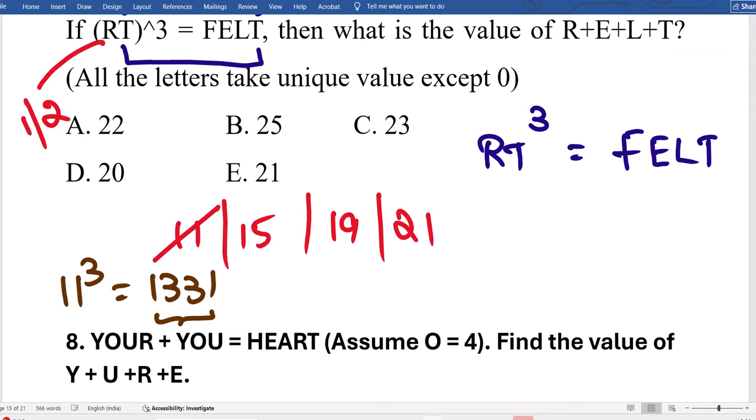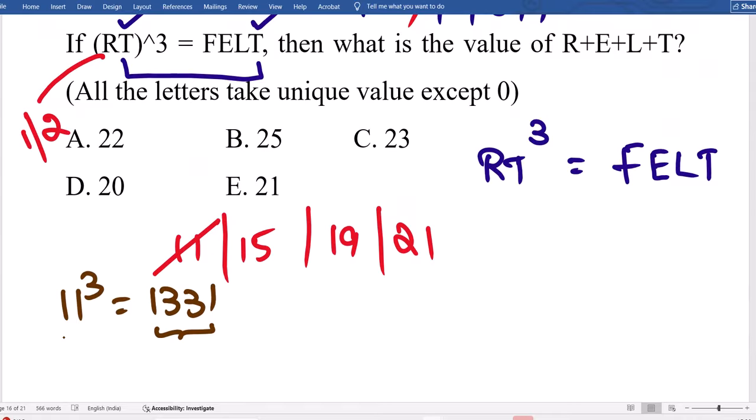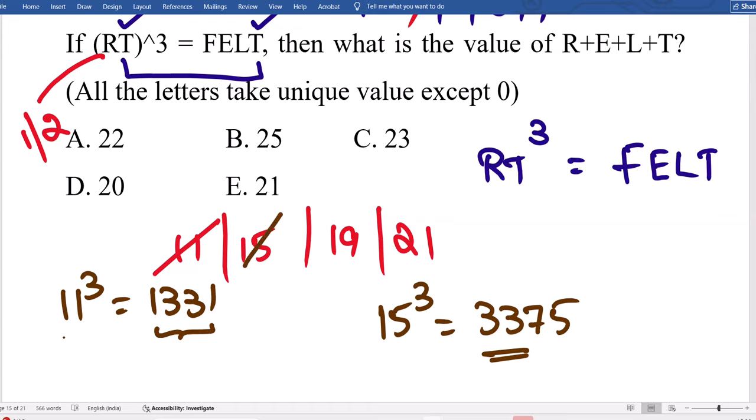Now 15, 19, 21. All 4 letters produced should be different. Now what is 15 cube? 3,375. 3 is repeated, but in felt all letters are different. So 15 is eliminated. It should be 19 cube or 21 cube.